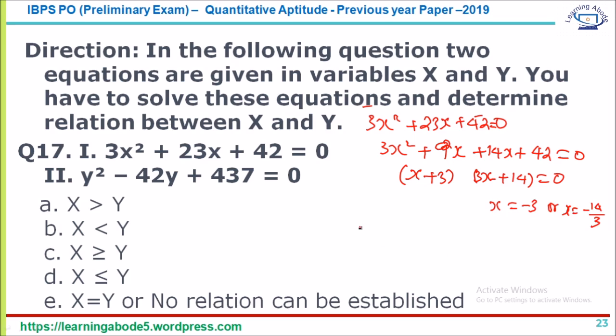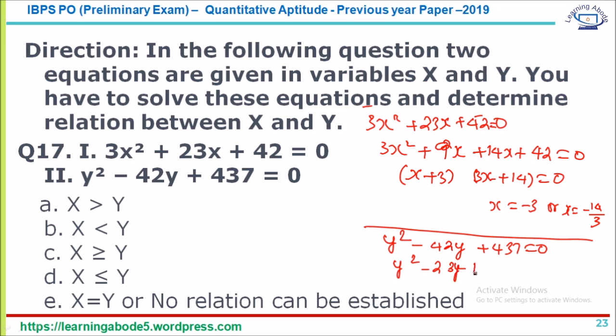Now in case of y, the next equation, y square minus 42y plus 437 equal to 0. You can split this as y square minus 23y minus 19y plus 437 equal to 0.